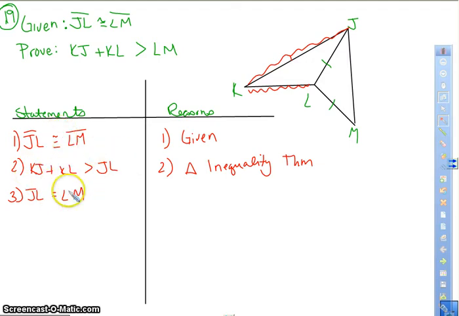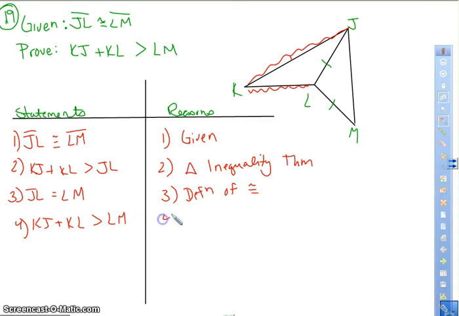We're not using congruency, we're using equality, and that's just by definition of congruence. So now that I have it as an equal sign, I'm going to replace it. So if JL equals LM, then by substitution I can say that KJ plus KL is going to be greater than LM. I'm just replacing the JL with the LM, and that's by substitution, and that's it.